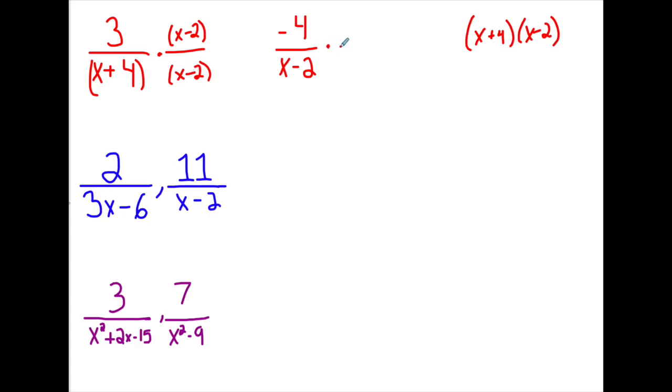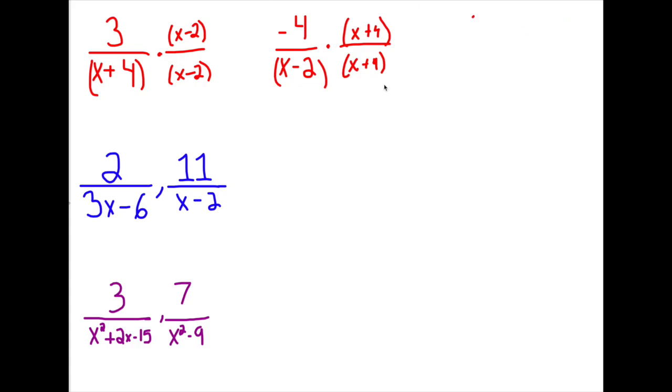Here we're going to do a similar thing, but now we're going to do the x plus 4 as well on the top. And now you can see both of these have an x plus 4 and an x minus 2. The fact that they're in a different order doesn't matter, because the order that you multiply two things doesn't make a difference.